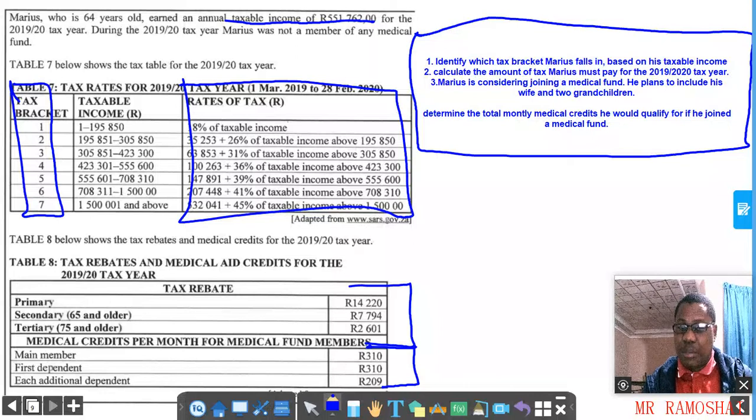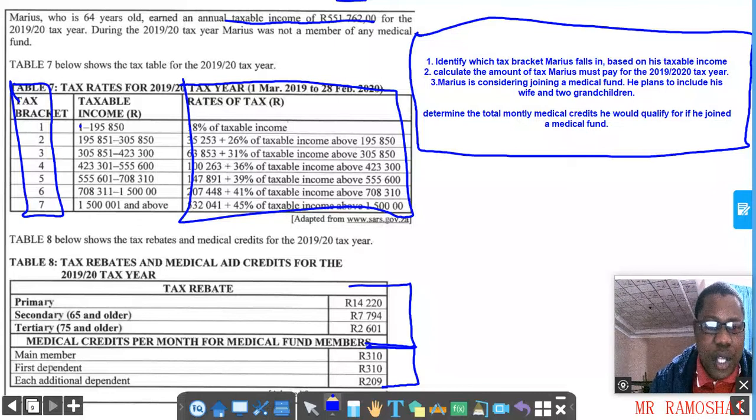We just have to go to the table and identify the bracket, because this is the amount that we need to identify the bracket, right? So when we check here, it's 551. It's not between 1 and 195. Is it between 195 and 305? No. Is it between 305 and 431?